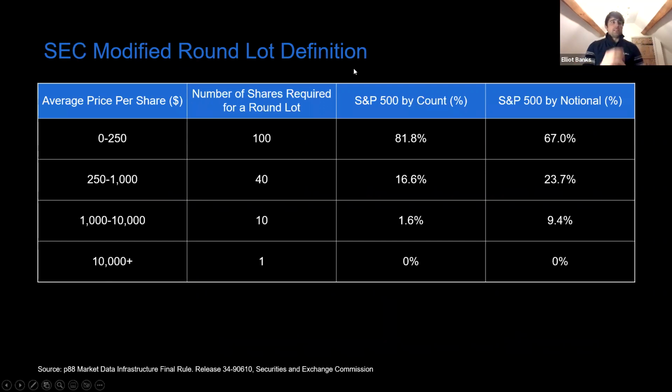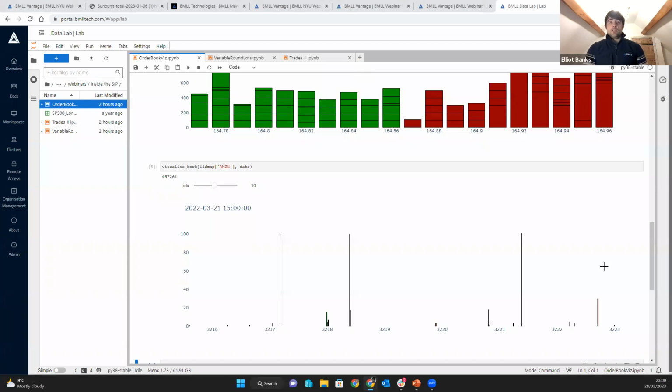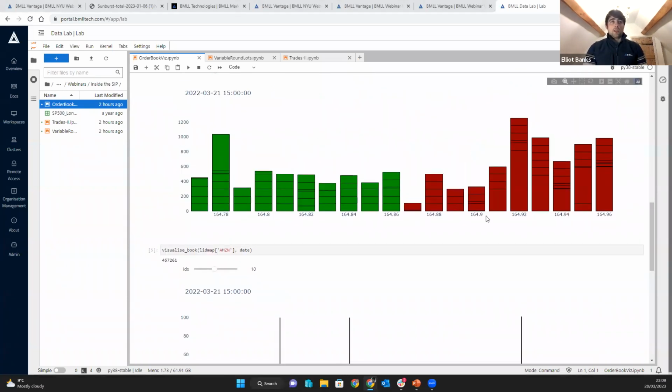So this came out in some of the regulation, and I don't know if you're aware, there's been a lot of regulatory proposals and proposed changes to regulatory structure in the last couple of years, and this is one of the proposals where the SEC are proposing to modify the round lot size depending on the price of the share, so that to reduce some of these views, so it's more like this view.